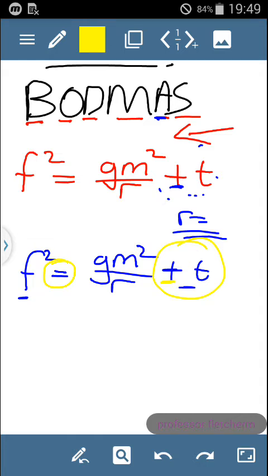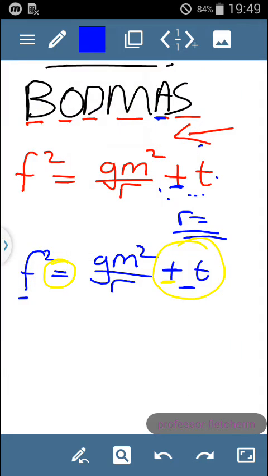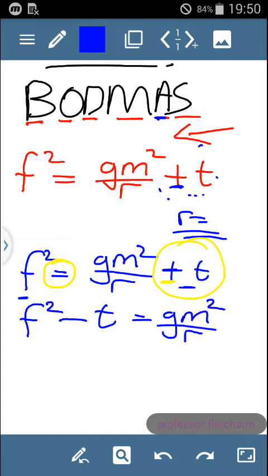This one becomes a minus. So that's what we are basically trying to illustrate there. As a result, we have f squared minus t is equal to gm squared over r.